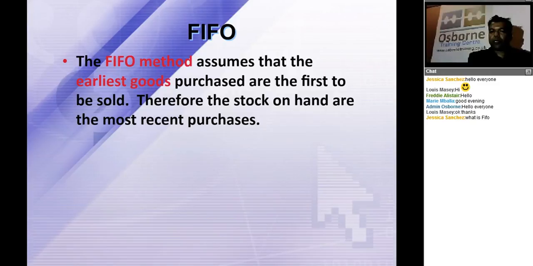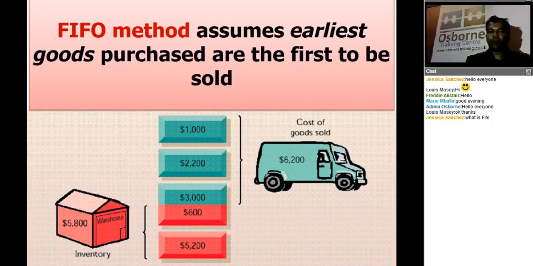So the one that we bought last should go last. This is the simple concept behind FIFO. We'll be looking at some diagrams a bit later to see different scenarios using the FIFO method.